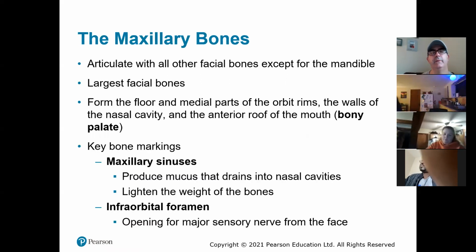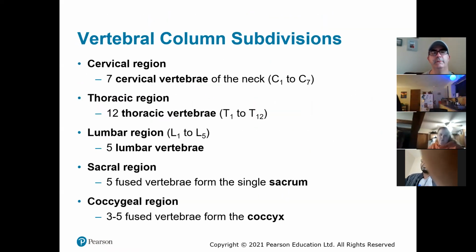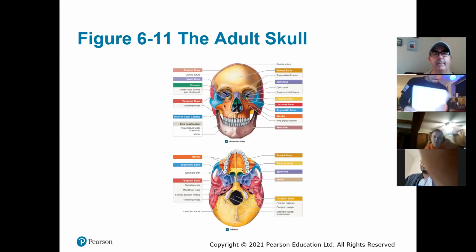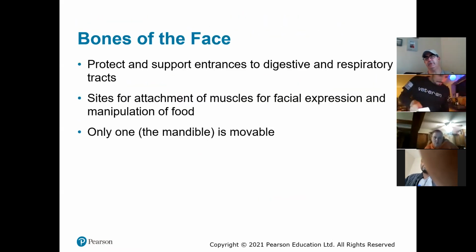The bones of the skull are divided into facial bones and cranial bones. What do you think is the difference between facial bones and cranial bones? What do you think is the difference between what they do?